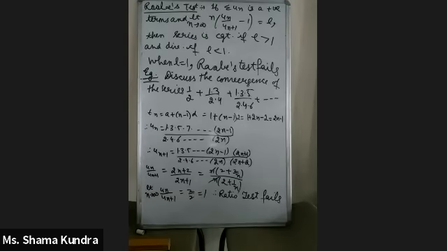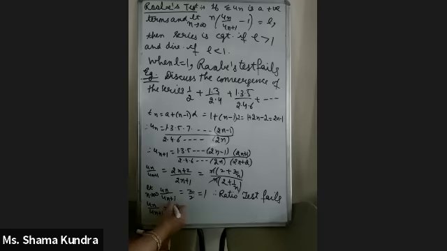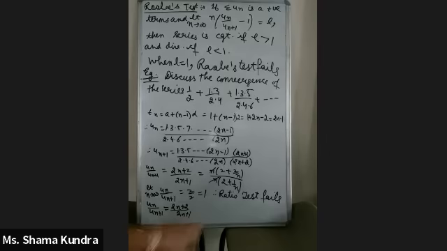But for your knowledge, to see how to apply Raabe's test, we apply Raabe's test here. For Raabe's test, consider Un upon Un plus 1, but for Gauss test, you have to choose this one, and for Raabe's test, you have to choose this one.